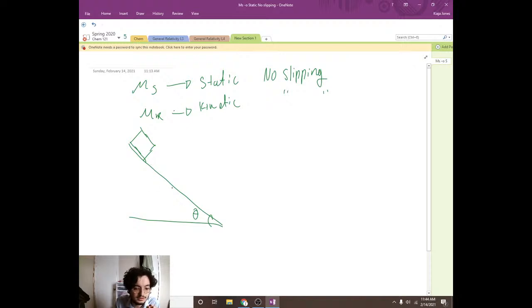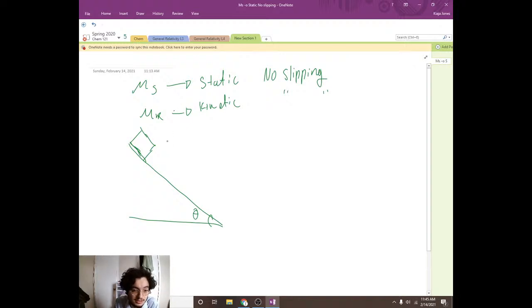But let's say that theta is constant. Then for the box, everything that's left for us to change is pretty much the material. So the material for the box is the one that's going to change.